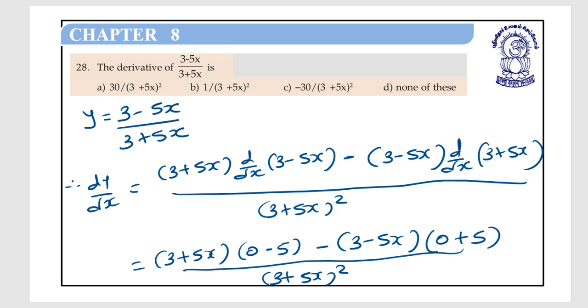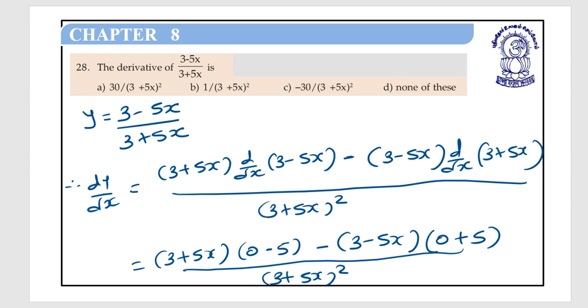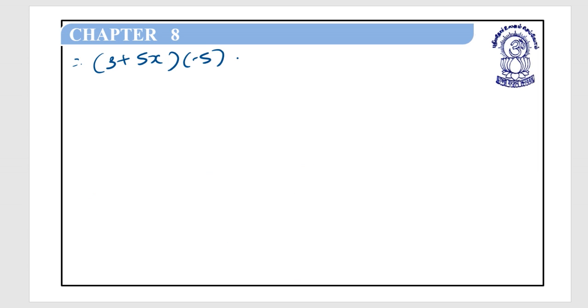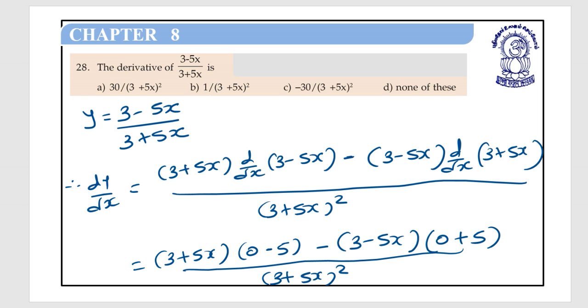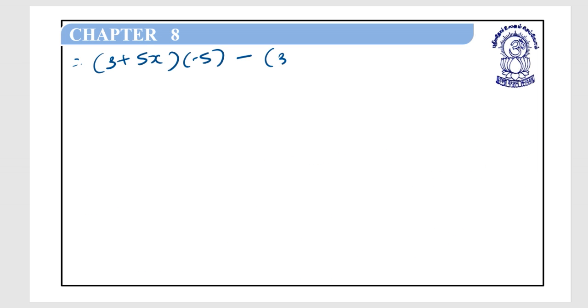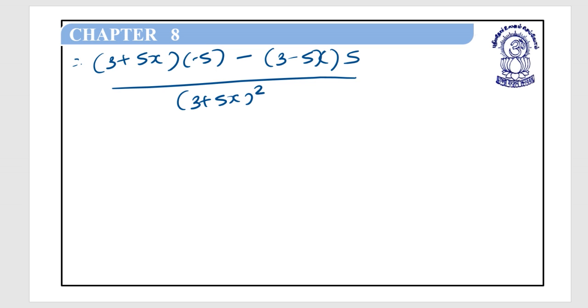So 3 plus 5x into minus 5, minus 3 minus 5x into plus 5, upon 3 plus 5x whole square.